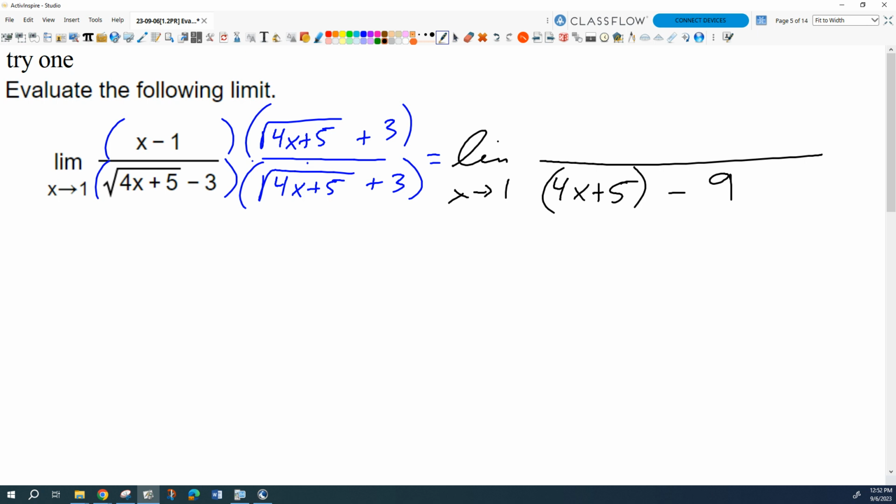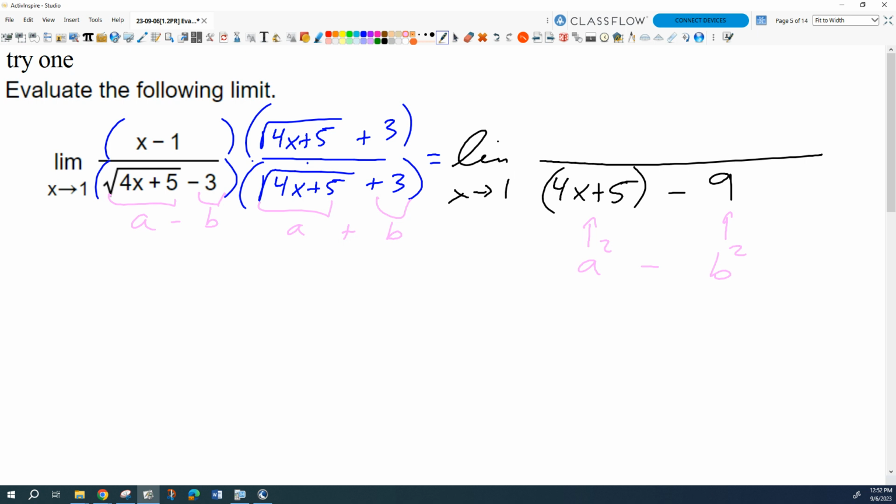Again, this is just for your notes, this is like a squared minus b squared, right? Where this part is a, that part is b, right? We're just following that pattern, okay?